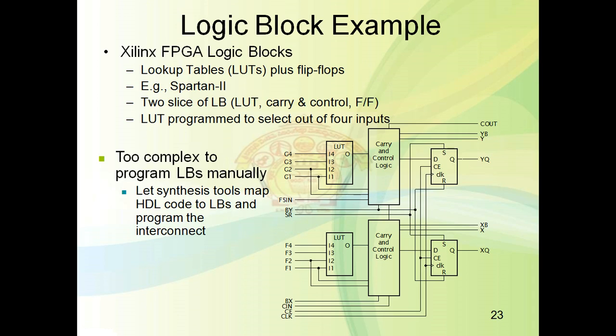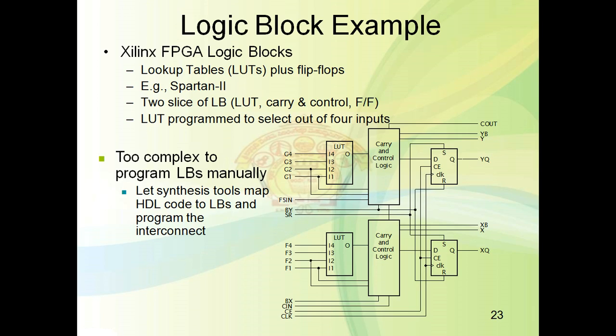Here is the Xilinx Spartan 2 slice. Two such cells are shown here. This is one lookup table and this is another lookup table. The lookup table has 4 inputs.